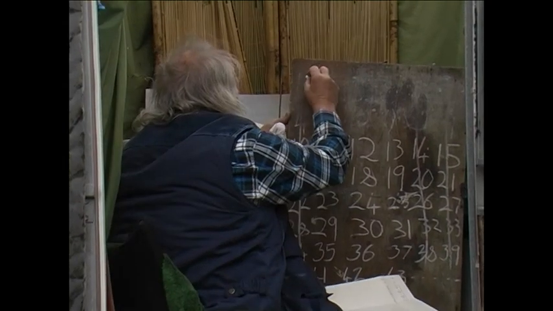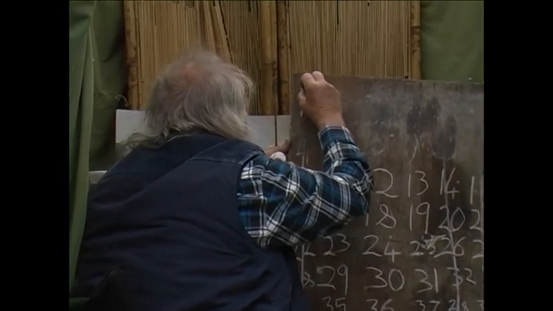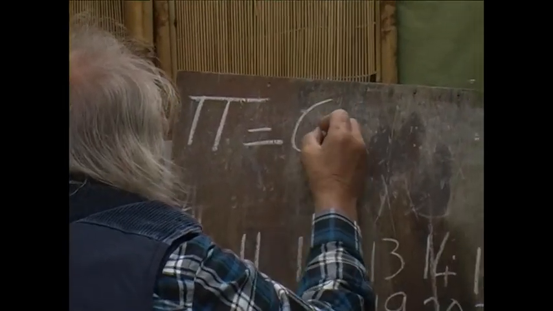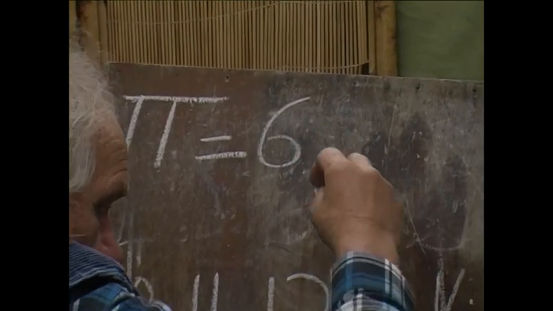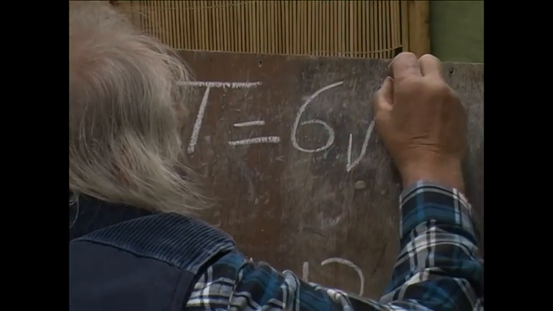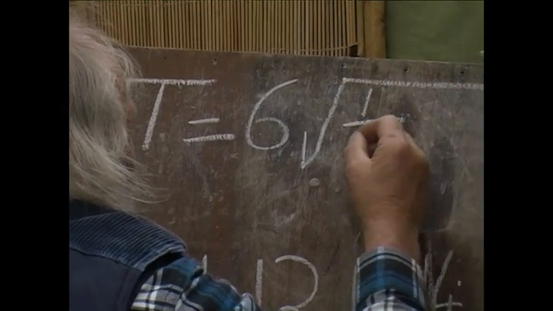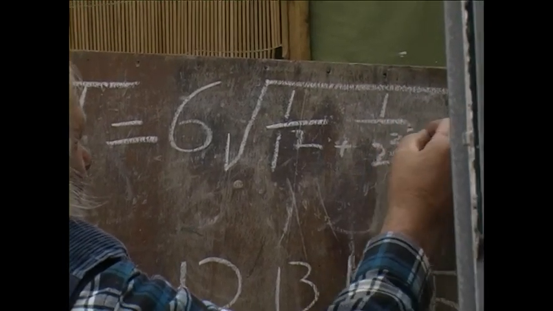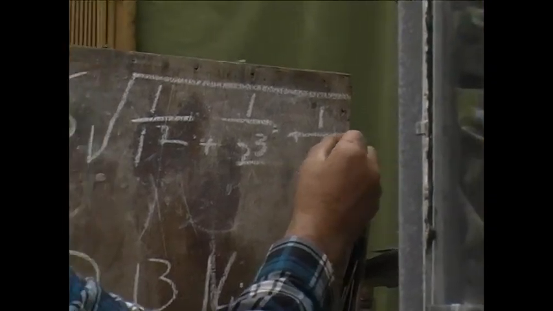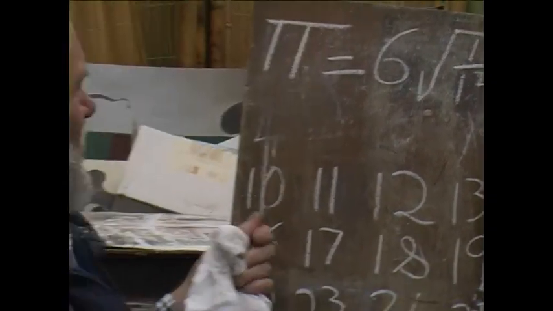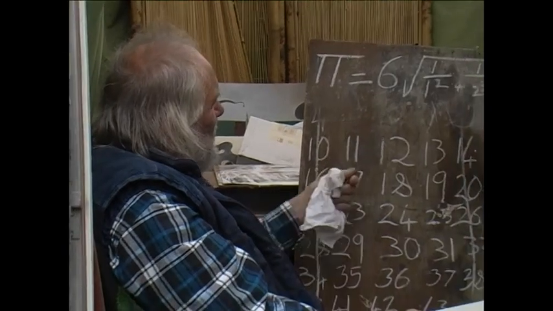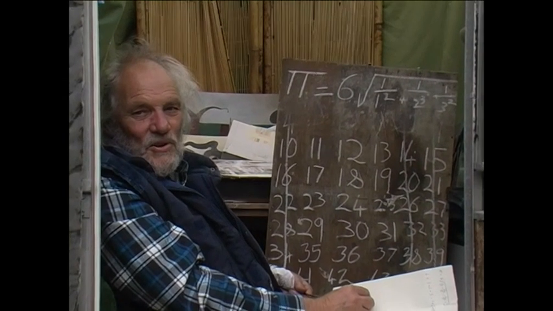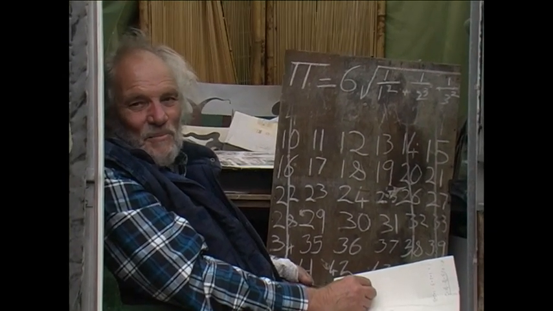And one of the ones that I find very interesting is that this famous number pi is actually equal to 6 times the square root of 1 plus 1 over 2 squared plus 1 over 3 squared and so on to infinity. It is 6 times the square root of the sum of the reciprocals of the squares of the counting numbers. So 6 is lying at the heart of that property of numbers as well.